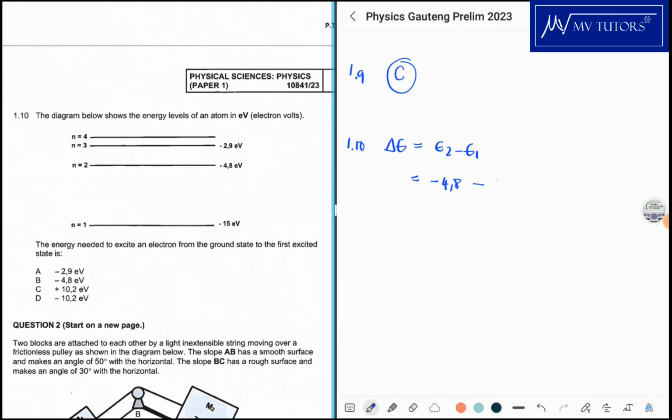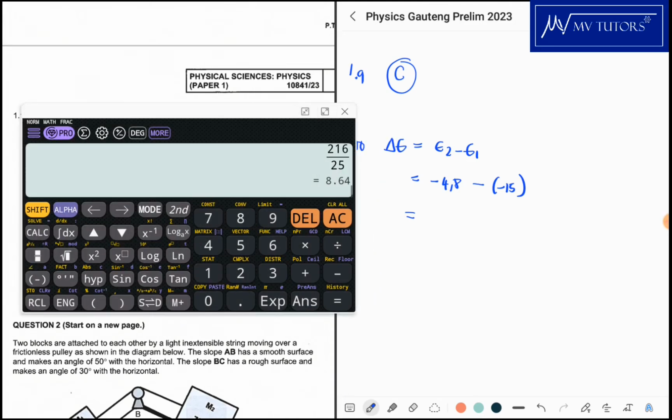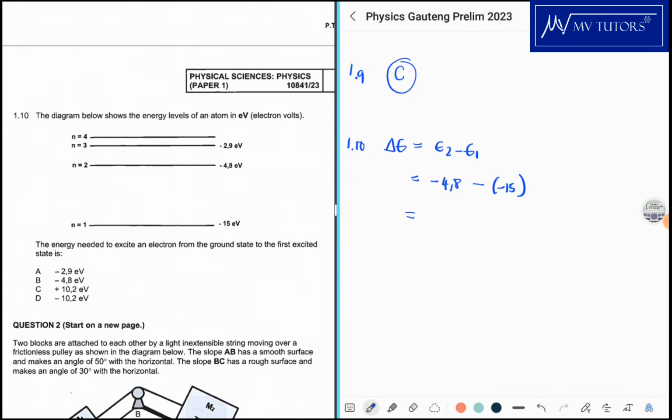And then we have negative 15. If we work that out, we have negative 4,8 plus 15, so that is positive 10,2 electron volts.